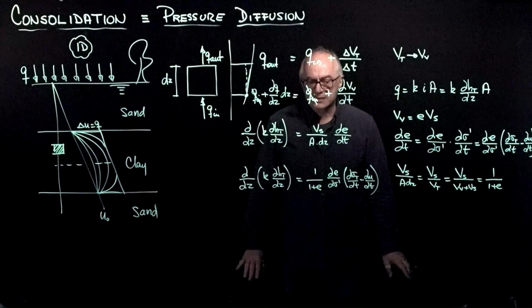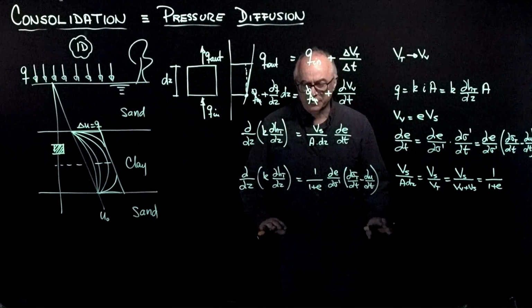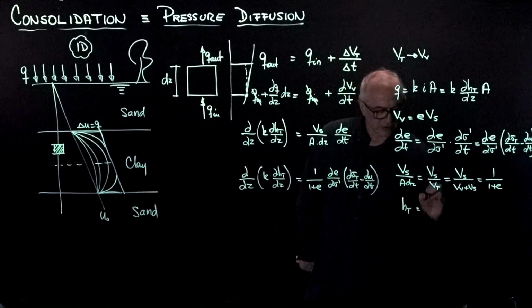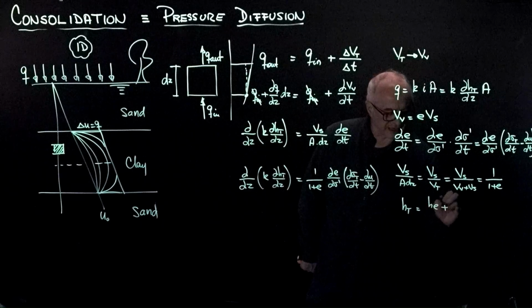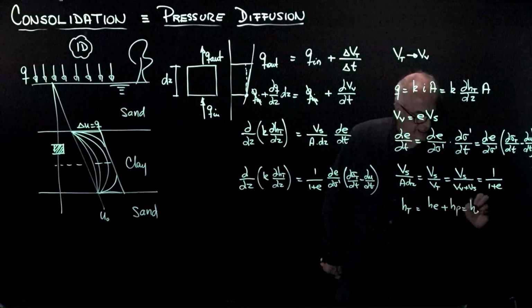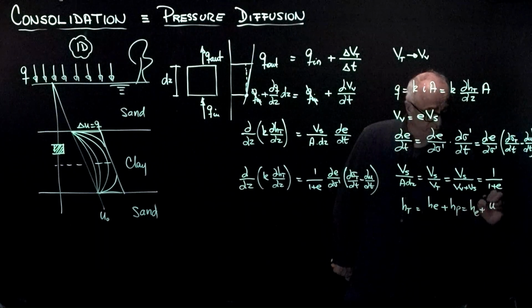The only additional substitution that we can do at this point is to replace H total, which is equal to H elevation plus H pressure, which is equal to H elevation plus fluid pressure over gamma water.